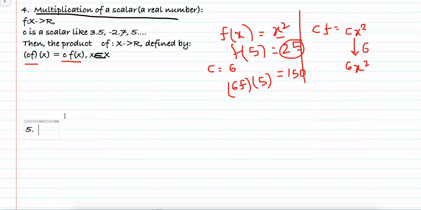So now our next operation is division, or we also say quotient sometimes. Quotient of two real functions.